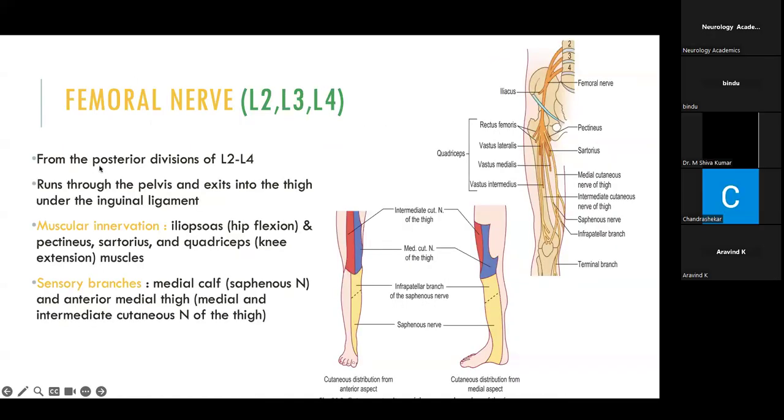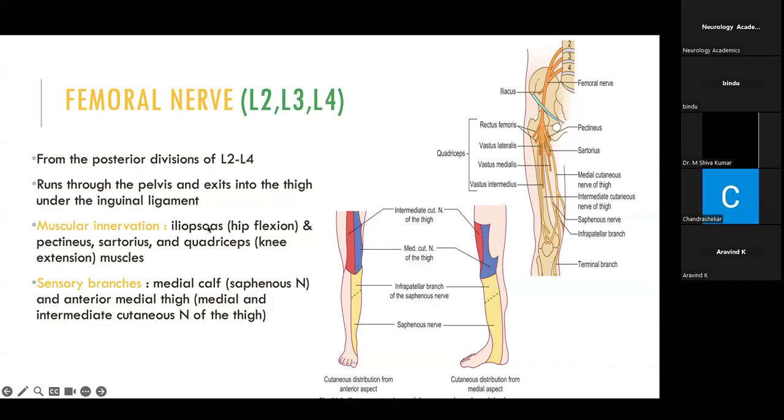Femoral nerve, as we discussed, is from the posterior divisions of L2, L3, L4. It runs through the pelvis and exits from the pelvis under the inguinal ligament. After that, it supplies muscles in the anterior compartment of the thigh, mainly the quadriceps, which are formed by the vastus group and also rectus femoris, and also pectineus and sartorius.